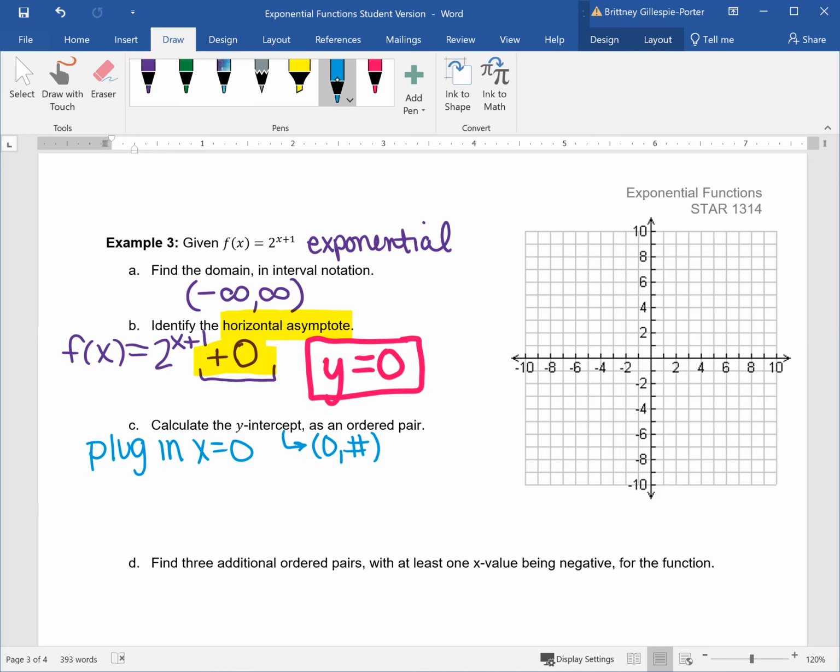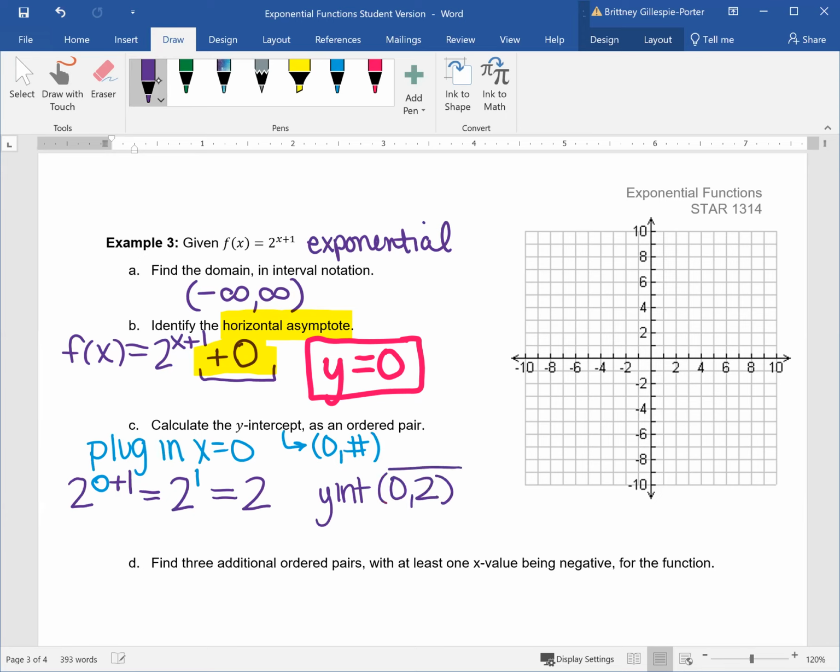Here, if we plug in 0, I'm going to have 2 to the 0 plus 1, because x plus 1, which gets me 2 to the 1, which gets me 2. So the y-intercept we just found is the ordered pair 0, comma 2.